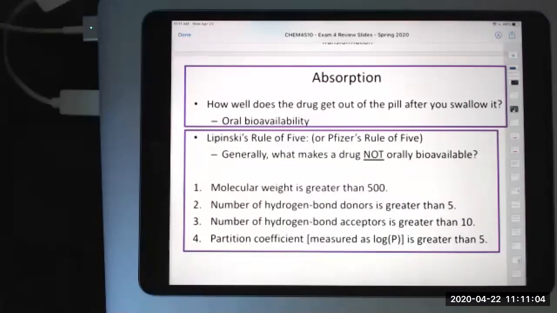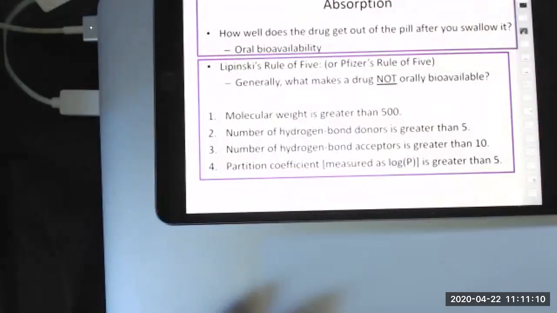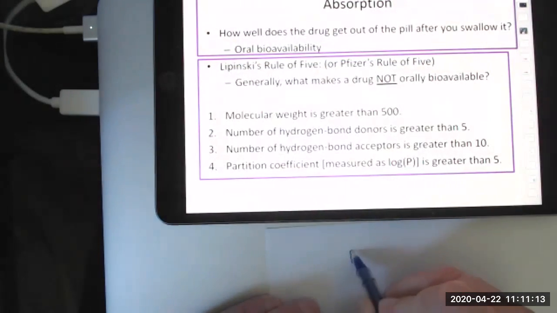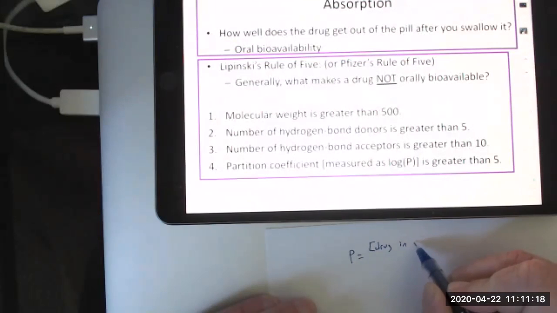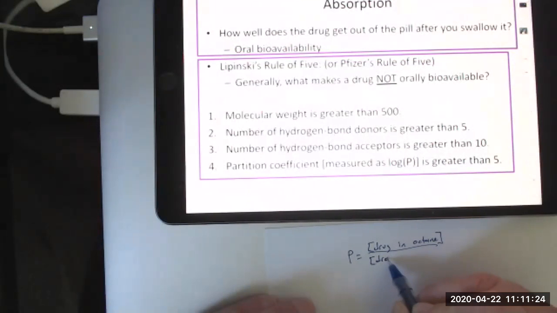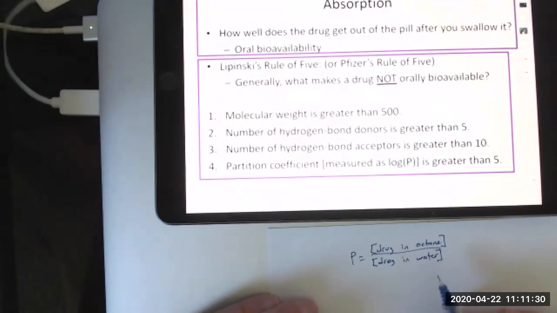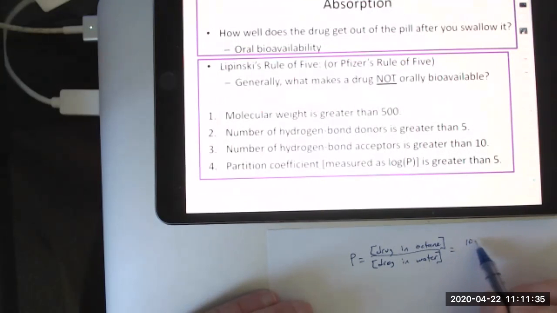So remember, P is the concentration of the drug in octane versus the drug in water. And then you take the log just to make the number easier to work with. So if this is 10,000 to 1, the log of that would be 4.